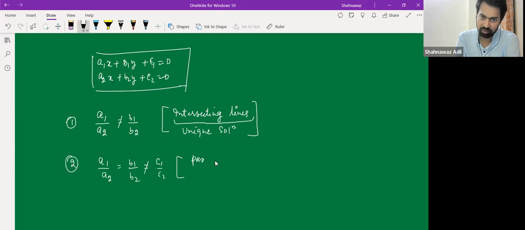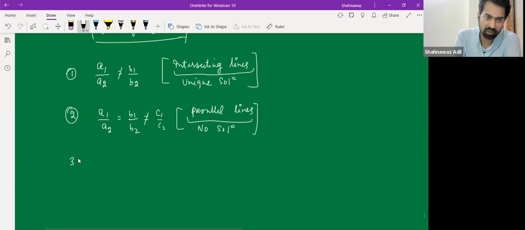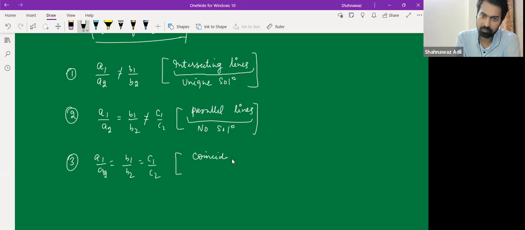So you already know this. This means that you have no solution, right? And then you have the third one, in which all three ratios are equal, right? So you have coincident lines, and for this case you have many solutions.